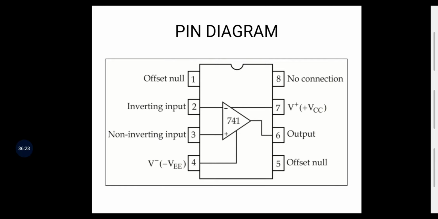So these are the 8 pins in the pin diagram of the IC 741: offset null, inverting input, non-inverting input, minus VEE, offset null, output, plus VCC, and no connection. This is the basic pin diagram of IC 741. So thank you all of you.